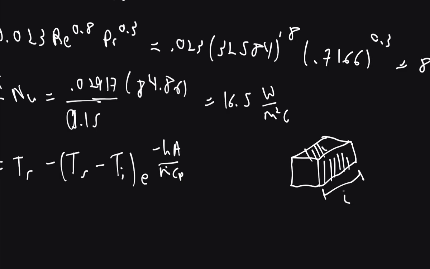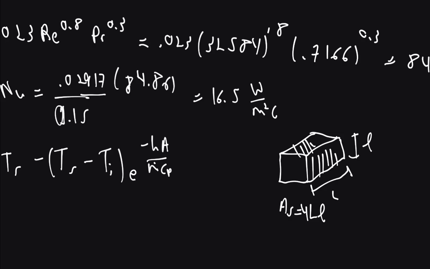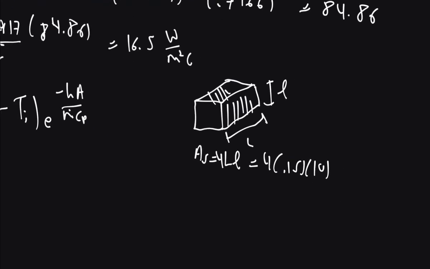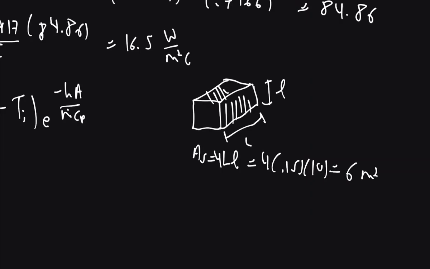So if this is L and this is the length, the surface area is L times the length times 4 because there are 4 faces. Which is 4 times 0.15 times 10, which is equal to 6 meters squared.